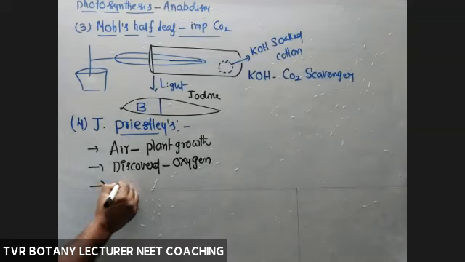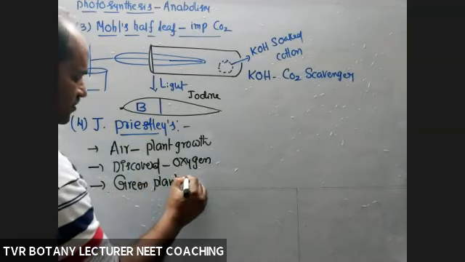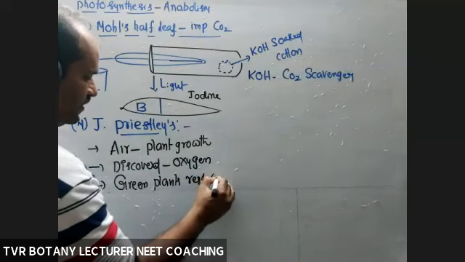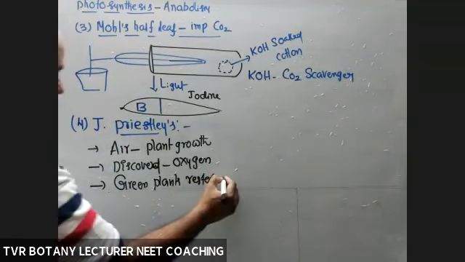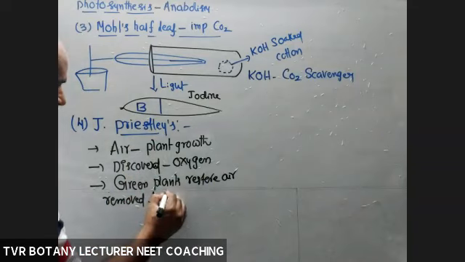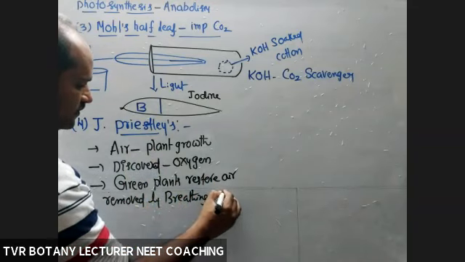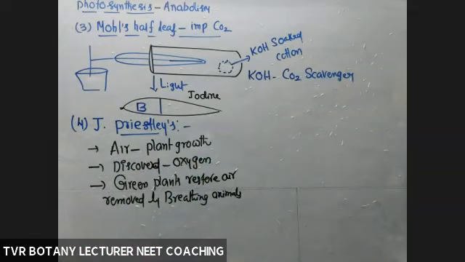And according to his experiment, what about the statement given by Priestley? Green plants restore air removed by breathing animals. So they are able to restore air which is removed by breathing animals.